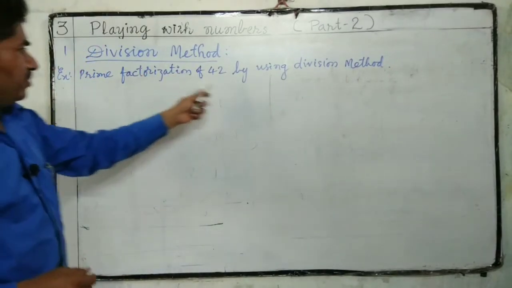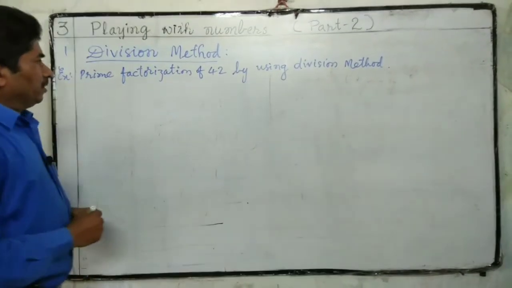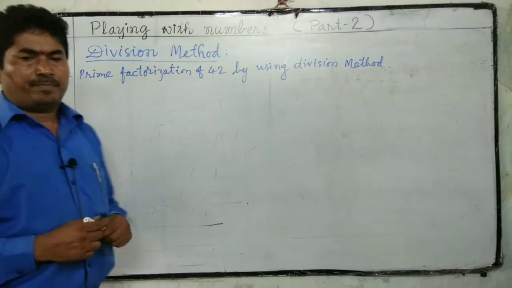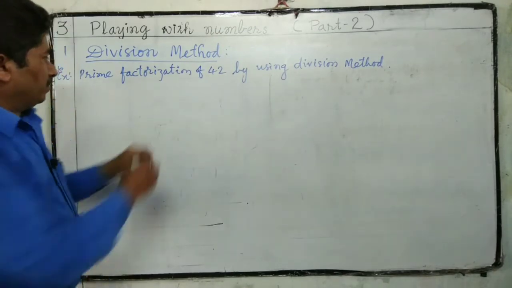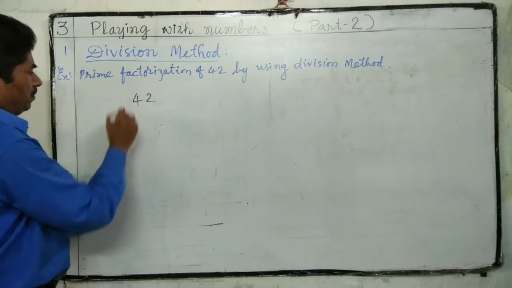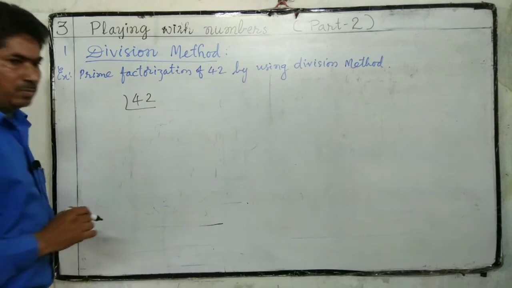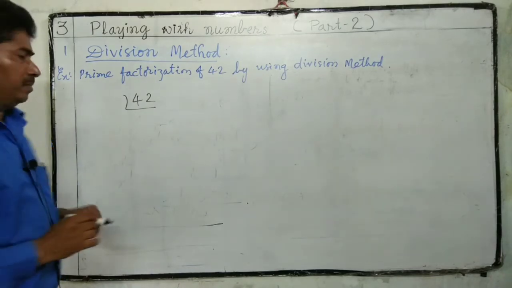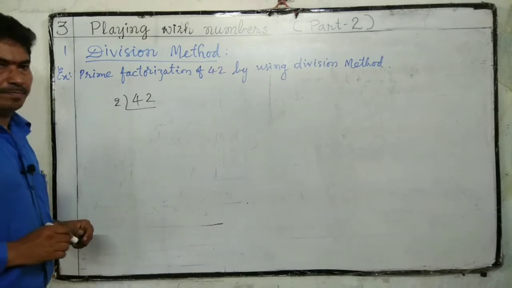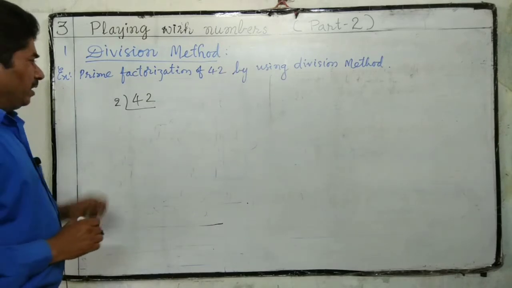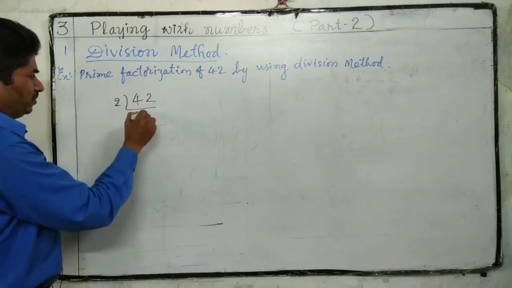Let us see the division method. Example, prime factorization of 42 by using the division method. In this division method, the procedure is: first take the smallest prime number. 2 is the smallest prime number, and divide the given number. 2 twos are 4, 2 ones are 2.